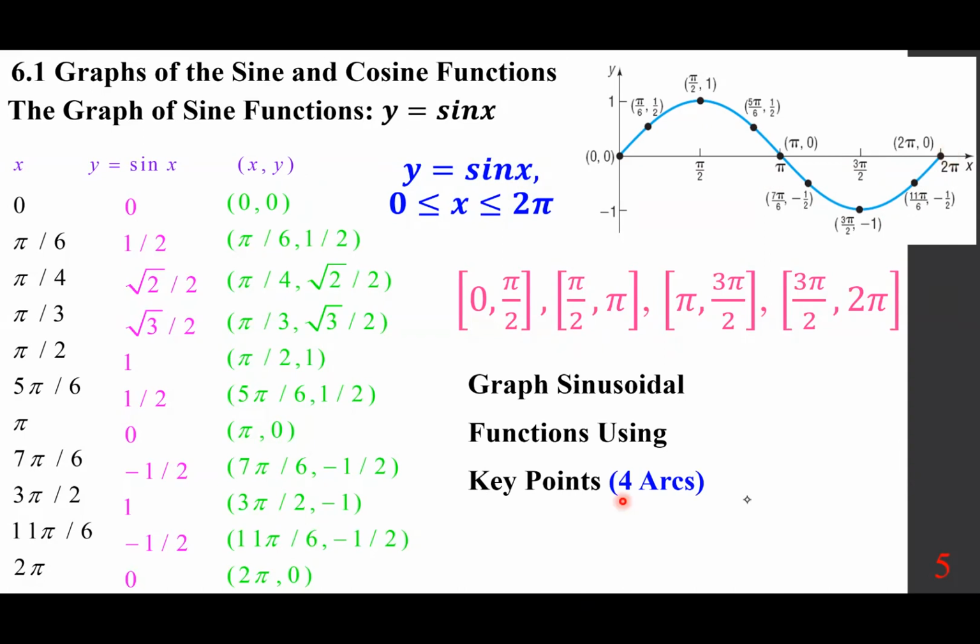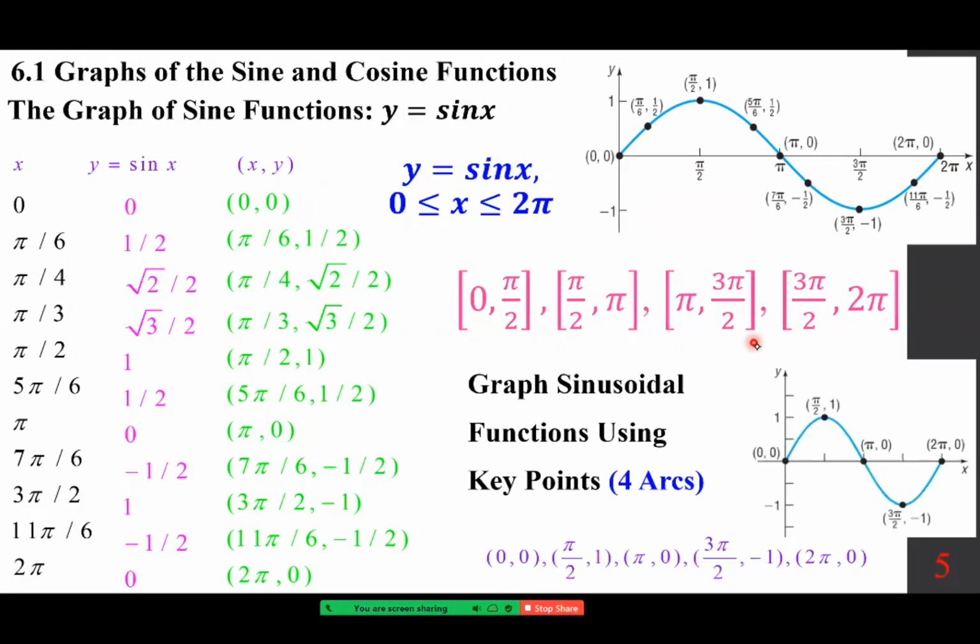So we will use the key points, the 4 arcs. We also look at the transformation, but as far as the arcs are concerned, we start with the following key points: 0, 0; pi over 2, 1; pi, 0; 3 pi over 2, negative 1; 2 pi, 0. Again, just the arcs we are referring to.